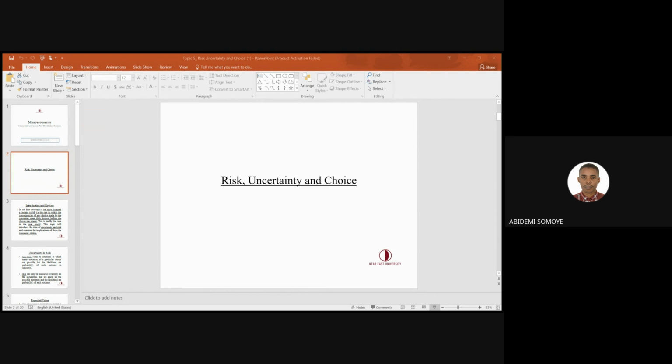So how does it differ from risk? Risk can only be measured accurately on the assumption that we all know the possible outcomes and the likelihood, or probability, of each outcome. So if you are taking a risk, you know that you might win or lose.